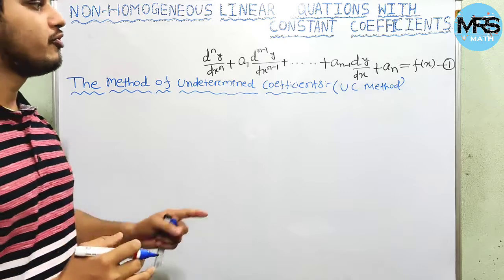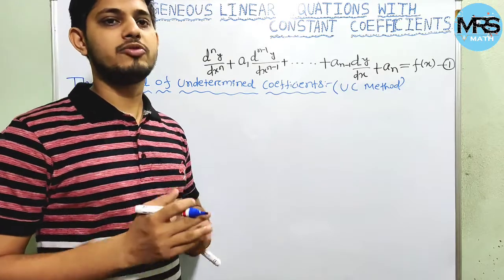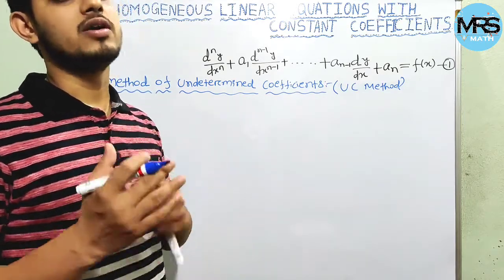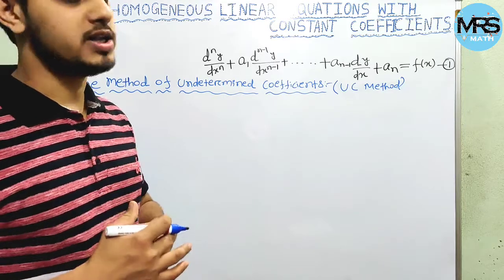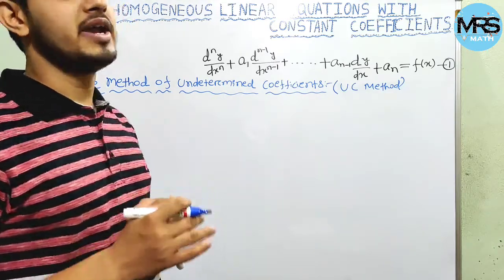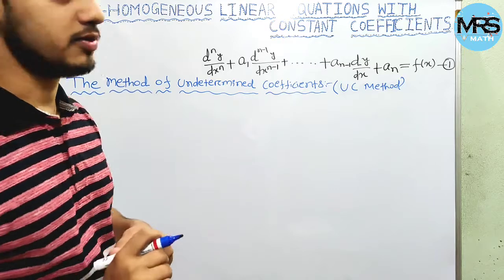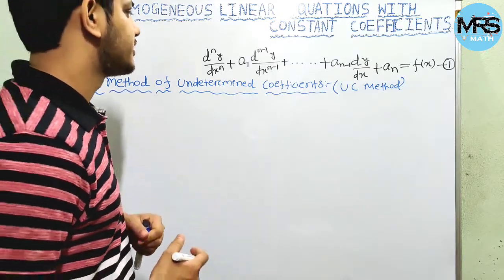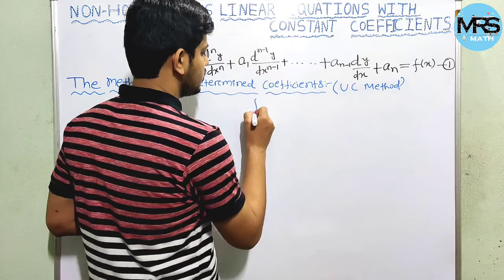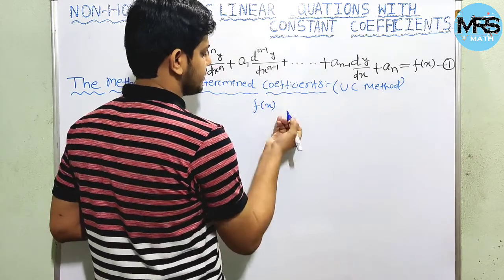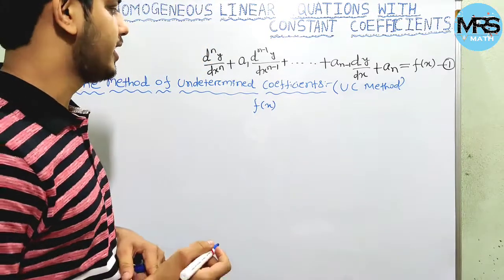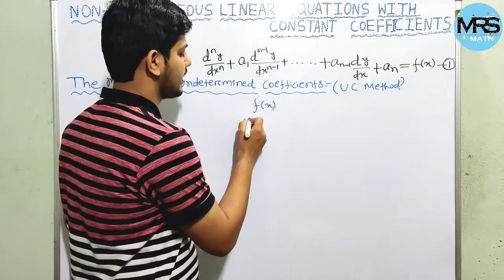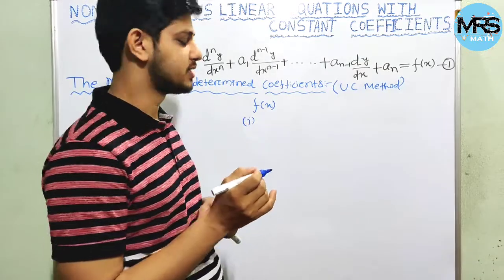Before going to this method, we have to know when a function will be called an undetermined coefficient function. So let us discuss that. If a function f of x is given, which is of 4 types, one by one I will discuss.